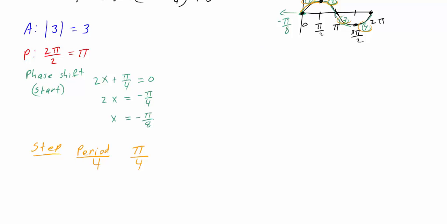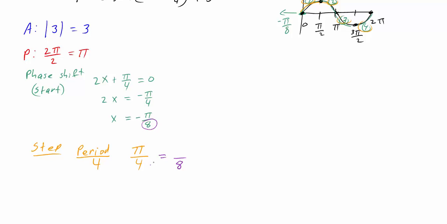Now, I do want to point out our starting point, if we go up here and look, our starting point was negative pi over 8. And to make things easier with fractions, because I know sometimes people tend to not like fractions, because we have a denominator of 8 for the starting point, then I want to change our denominator for the pi over 4 to 8.